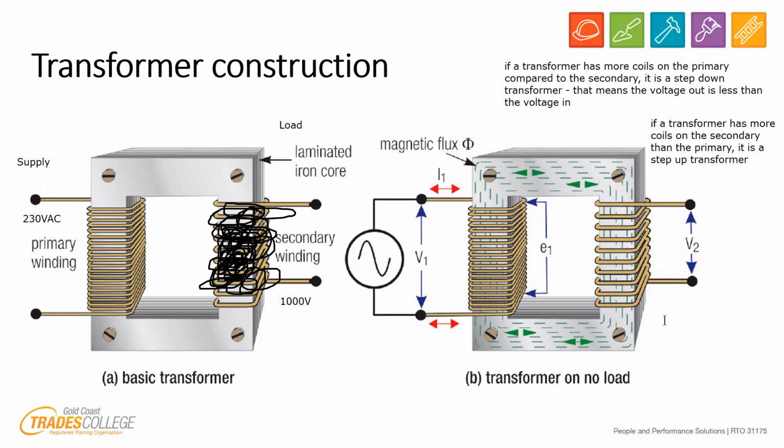So we've got those two explanations there. A few other things which are going to help this assessment and others is that it works with the two coils working together, which we call mutual induction. Mutual means two things working together.